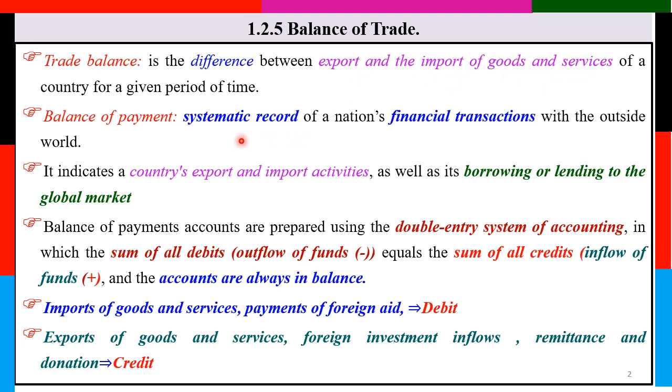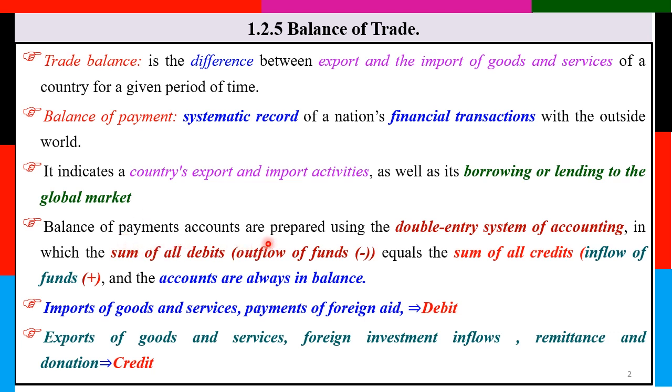But the balance of payment is the systematic record of financial transactions. Balance of payment indicates a country's export and import activities as well as borrowing and lending in the global market.